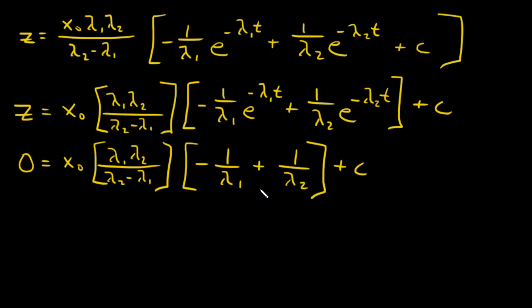Now, I'm going to do some rearrangements here in order to get things to all work out. First thing I'm going to do is find a common denominator for this. The common denominator is going to be lambda 1 lambda 2.